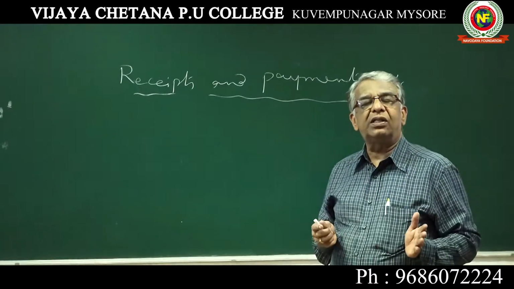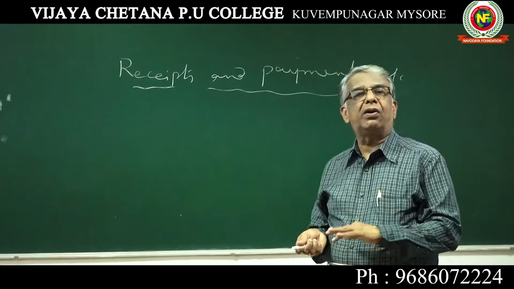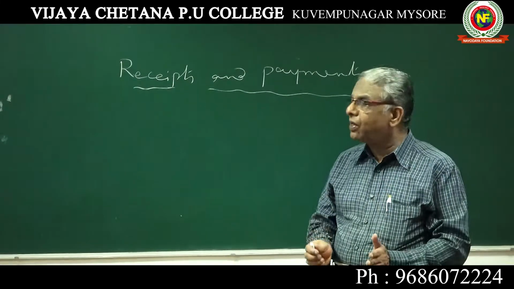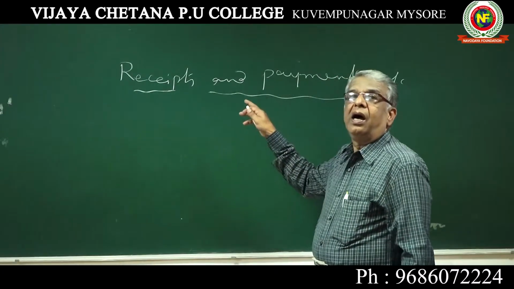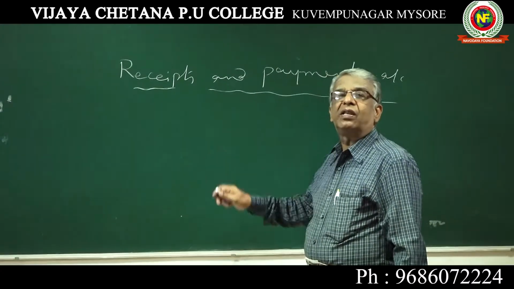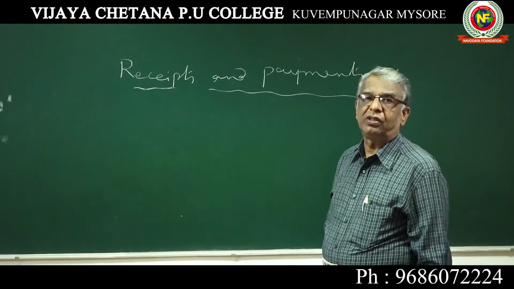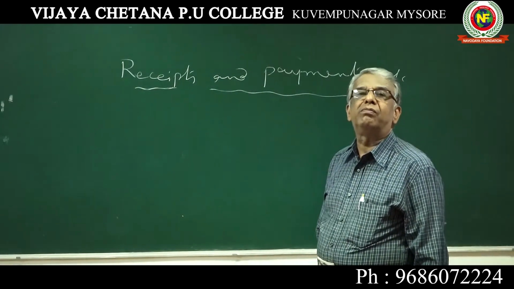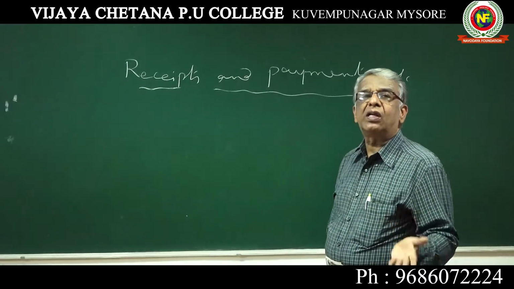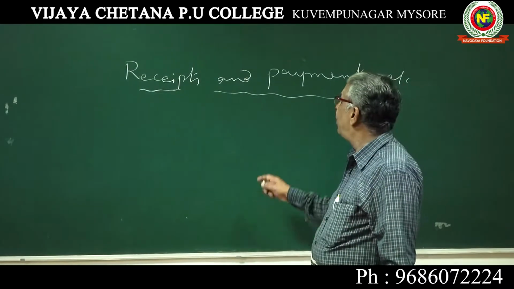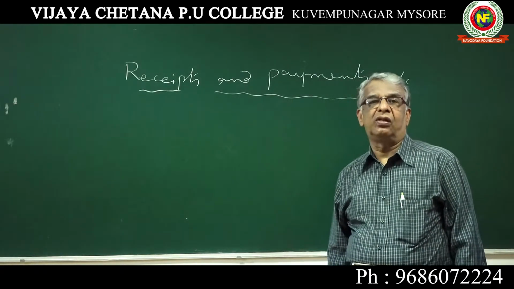Whatever cash is received during a particular period, we show on the receipt side or debit side of the receipts and payments account. And whatever payments or expenditure are made, all of it has to be shown on the payment side.